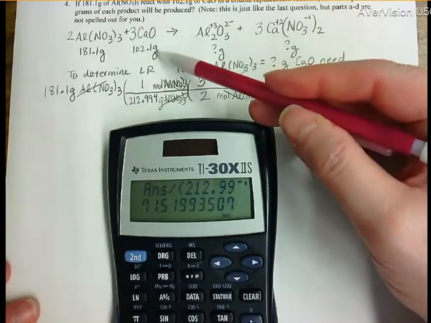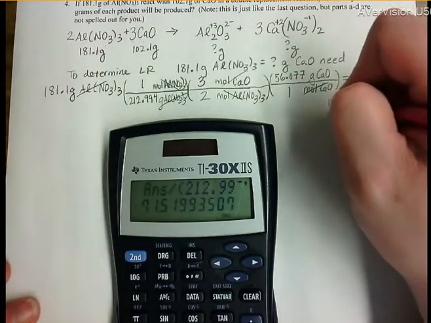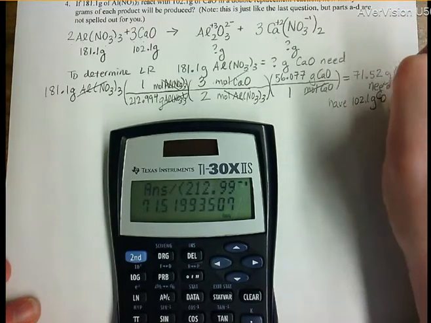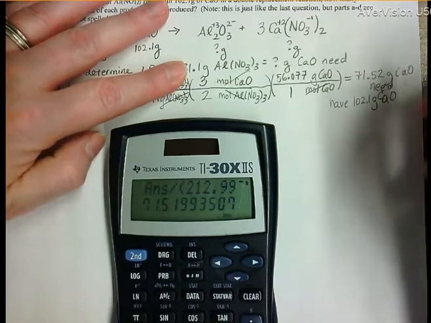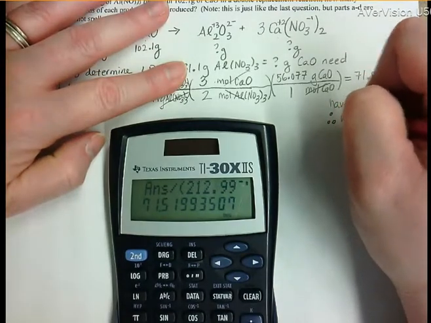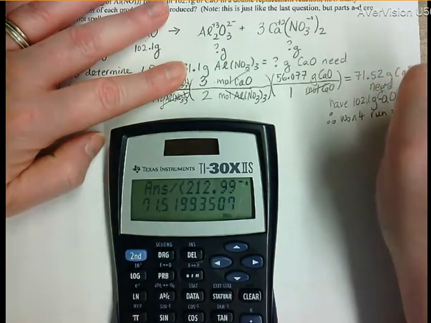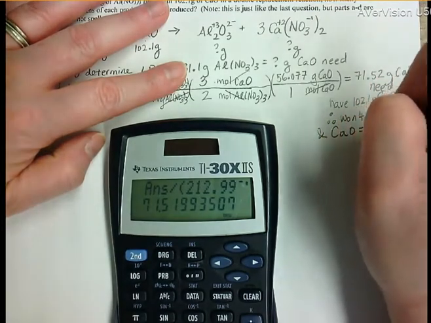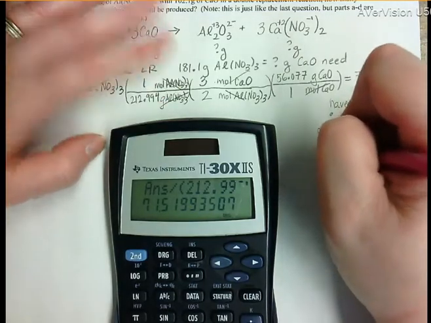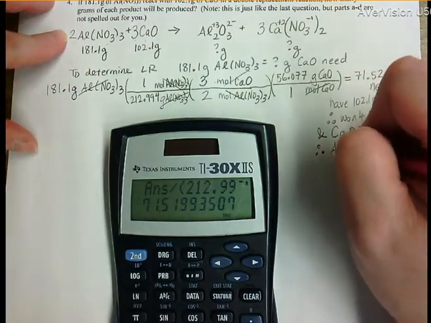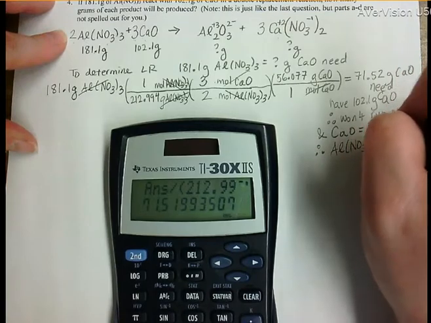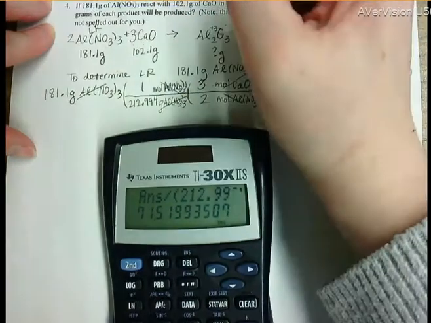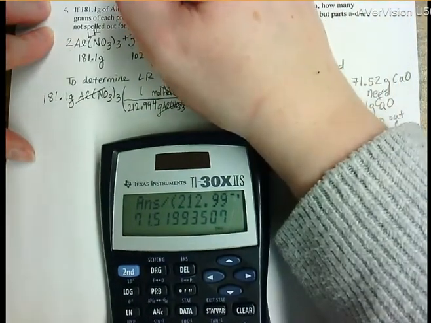Now, notice I have 102.1 grams. Therefore, I'm not going to run out, and calcium oxide is my excess reactant. Therefore, the aluminum nitrate is my limiting reactant.